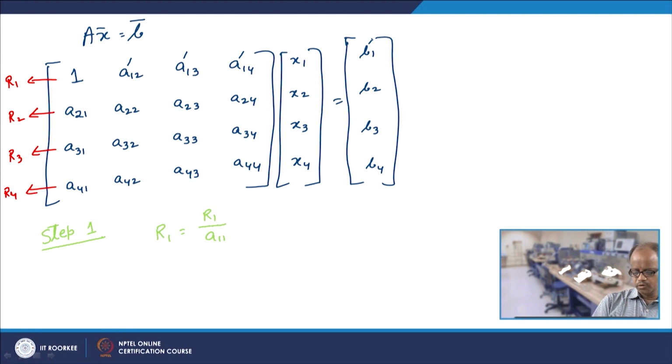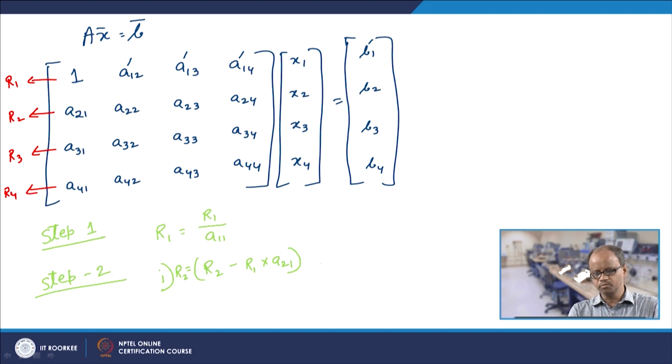In step 2, there are 3 parts actually. Part 1, that we do R2 minus R1 into A21. So, the new R2 would be equal to R2 minus R1 into A21. So, we multiply this entire row by A21.